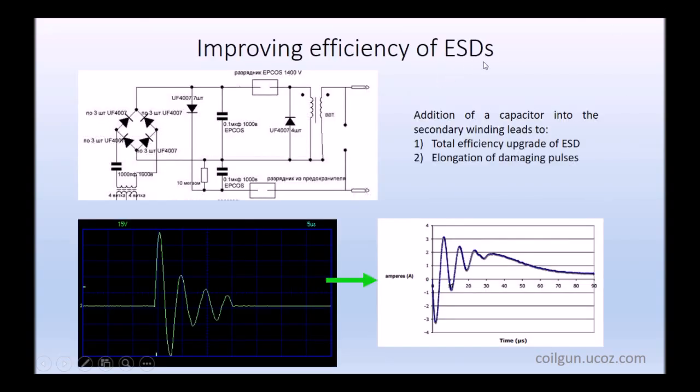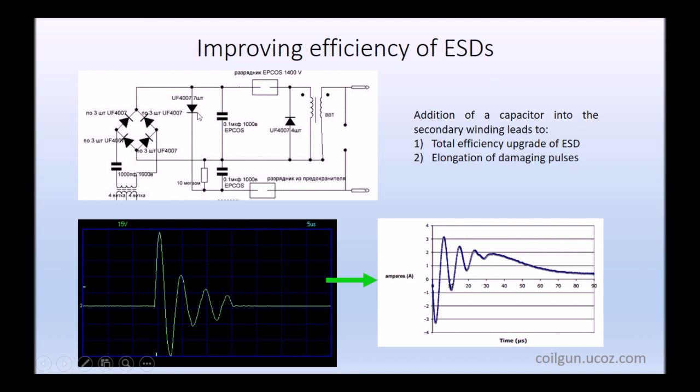How can we improve the efficiency of our ESD? The main way, which is utilized in, for example, Taser constructions and depicted in many patents, is to set a second capacitor in series with the secondary winding.